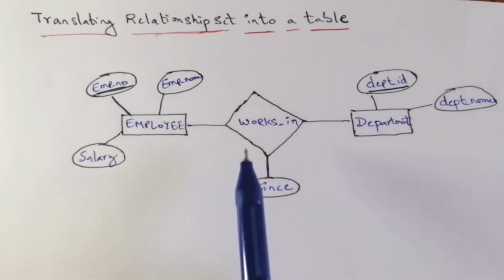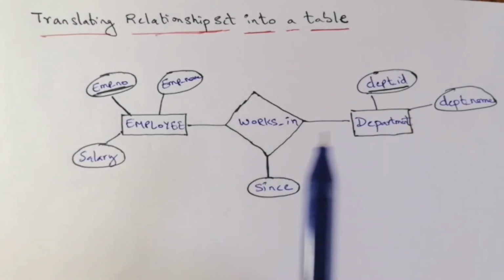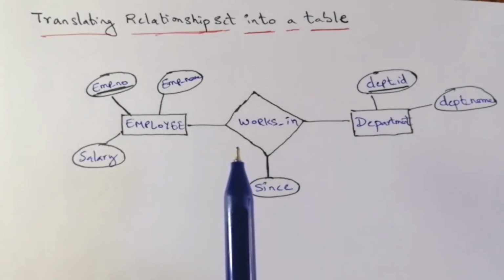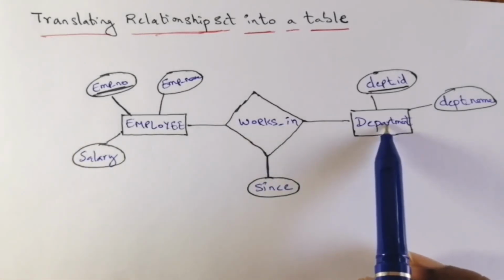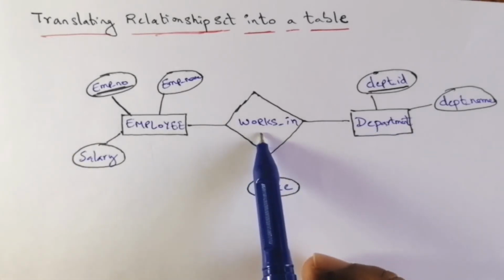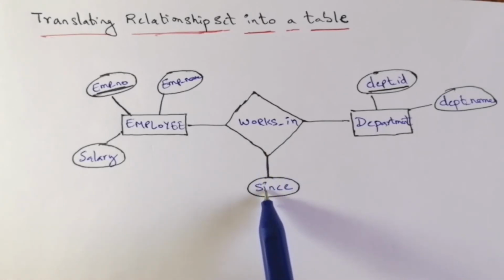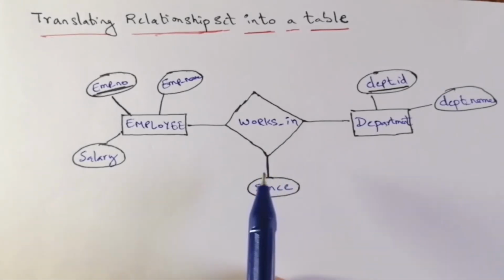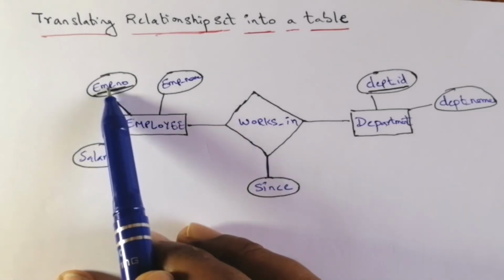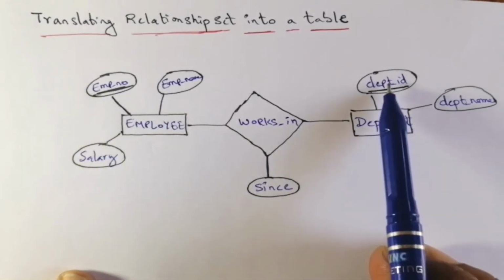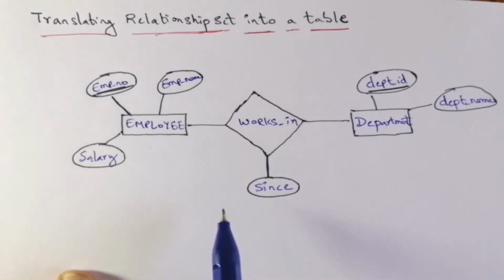Just a simple case of how a relationship should be converted, to get a basic idea. See here, we have two entities and one relationship, and the relationship has a descriptive attribute, since. We already know that employee has employee number as the primary key and department has department ID as the primary key, right?